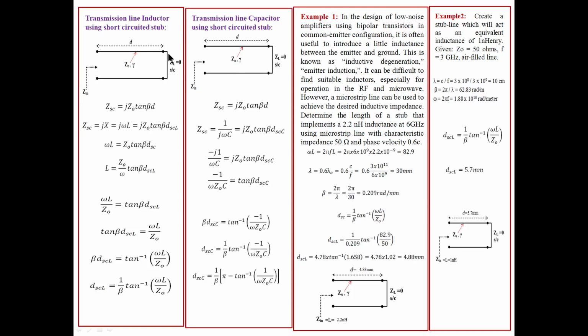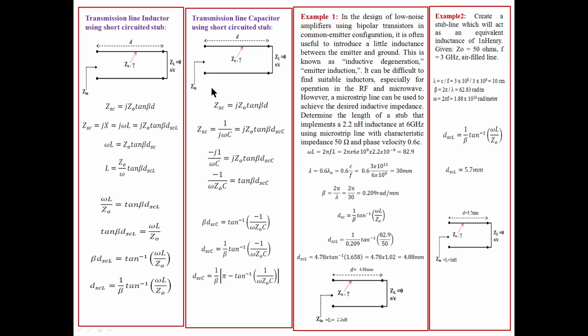The short-circuited line can implement the inductor using this equation, and the same short-circuited line can implement the capacitor at the input using this equation. You should calculate the length of the line using this equation, to get that particular value of capacitor here.